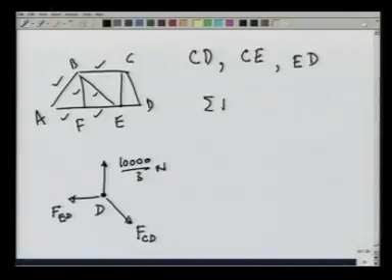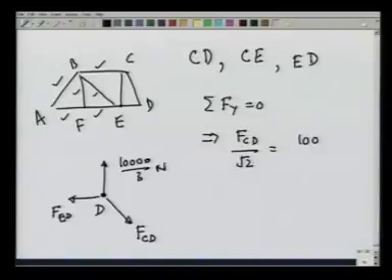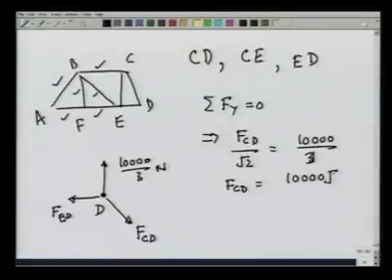Summation Fy equal to 0 gives me that FCD over root 2 should be 10,000 over 3, or FCD is equal to 10,000 root 2 over 3 newtons.